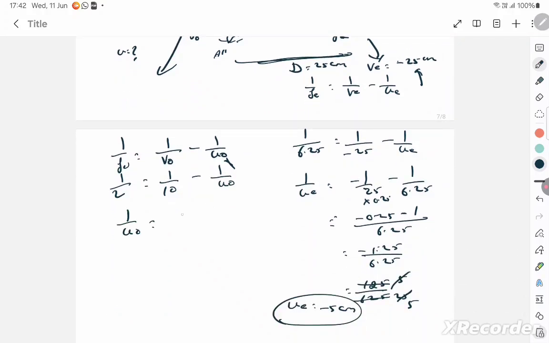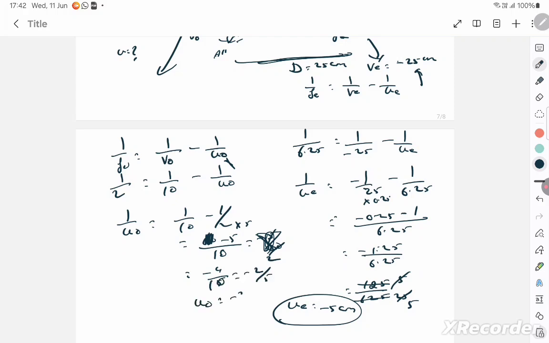So 1 by UO is equal to 1 by 10 minus 1 by 2. 10 is the LCM. Not 10 minus 5, it's 1 minus 5. So 10 is the LCM, 1 minus 5 is minus 4 by 10, and so minus 2 by 5, and that will be my 1 by UO. You have to take the reciprocal, don't forget, so UO is minus 5 by 2, which is minus 2.5 centimeter, is where you have to place the object.